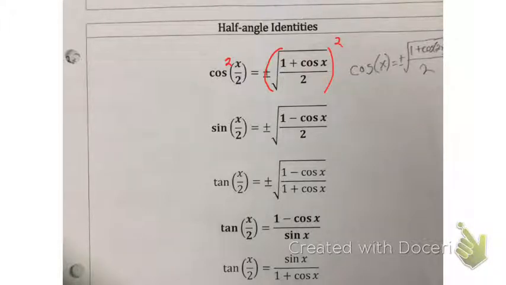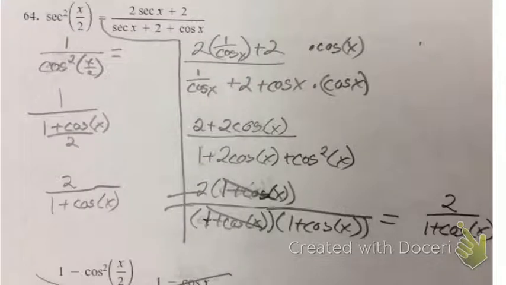So cosine squared x over 2 actually just equals 1 plus cosine x divided by 2. It gets rid of the square root by squaring both sides. And as I said, you can write on this, you can write identity. So if you wanted to, you could write cosine squared x over 2 equals 1 plus cosine x over 2 if you think that's going to help you. But that's what I replaced it with. There's no square root because it's squared. And then it's just reciprocal. It gives me 2 over 1 plus cosine x.